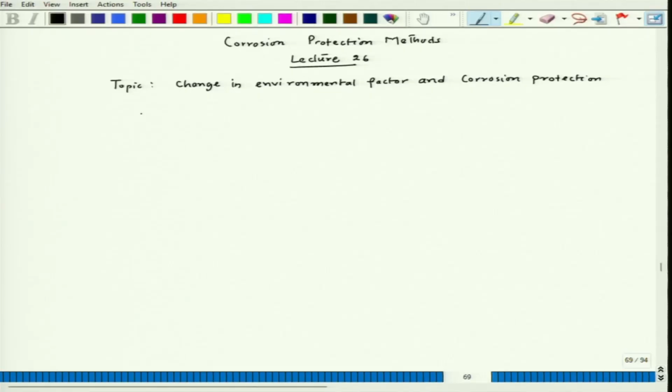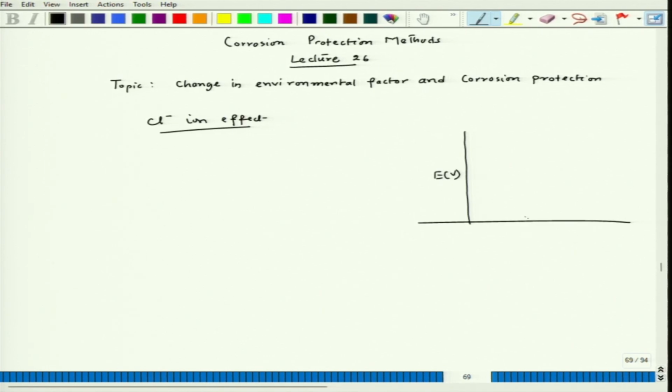Now, we have to also see the effect of chloride ions on the I critical, which is the current density corresponding to the extreme point in the active passive anodic part of a metal. Now, let us look at that aspect. So, if we see the chloride ion effect, we have seen the plot looks like this.